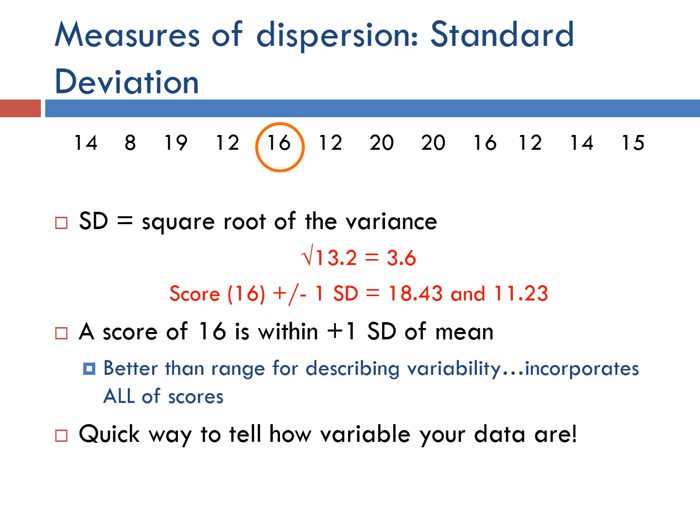And we can go one step further by taking a standard deviation. This is where we undo that squaredness, the squaring of the difference, by taking a square root. So we'll take that 13.2 and square root it to get a 3.6. What this standard deviation does is it represents the amount, every one standard deviation away is that many points.